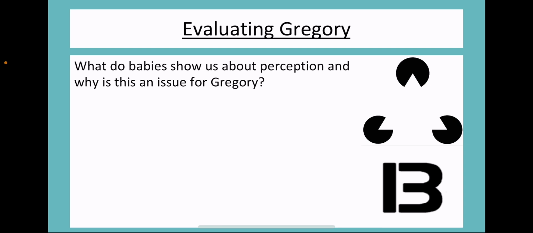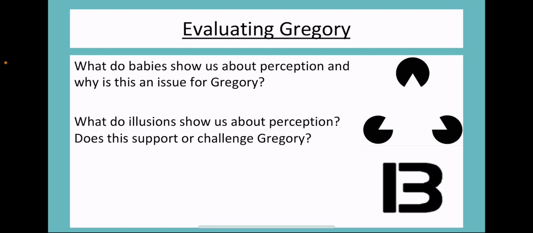That shows that some elements of perception are innate. Gregory says that perception is learned and is based on past experiences. Well, babies are challenging Gregory here. Babies are showing us that some perception is innate, so Gregory is wrong. And Gibson was right about that part of it. So first challenge for Gregory, babies.